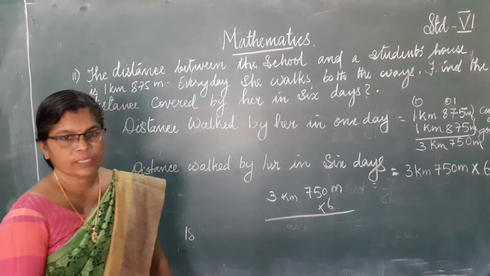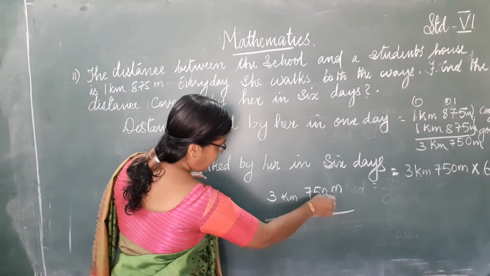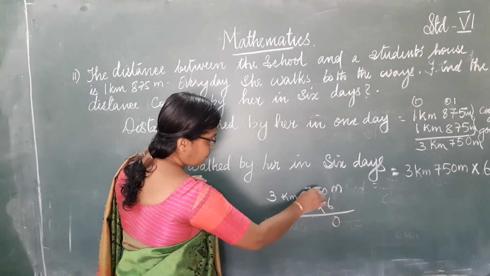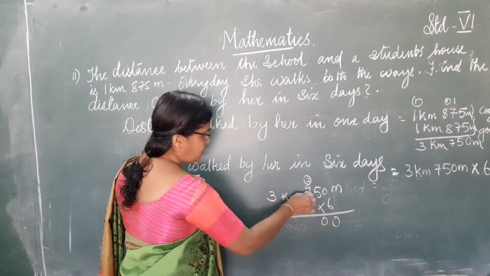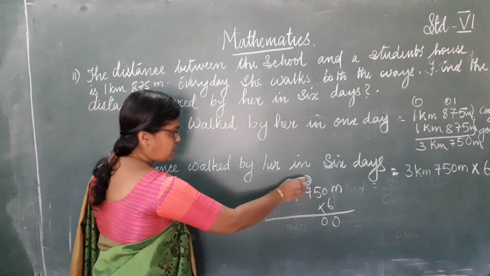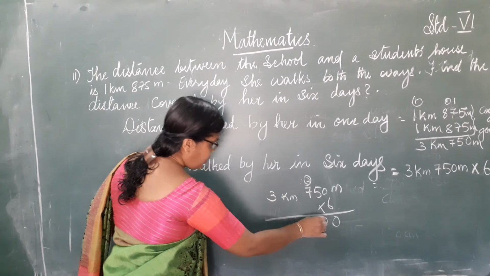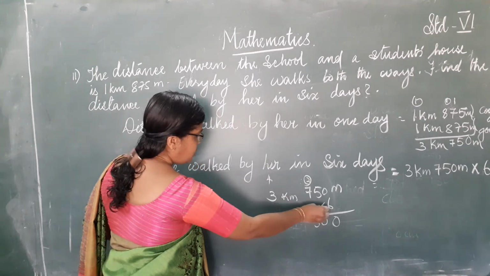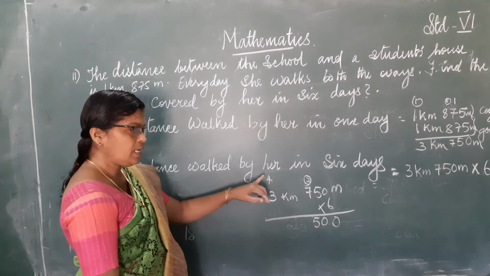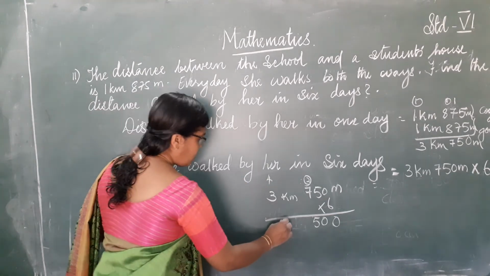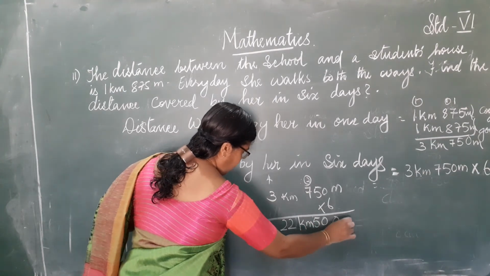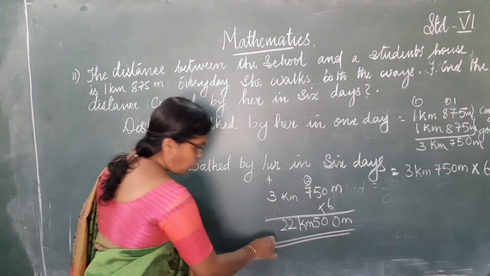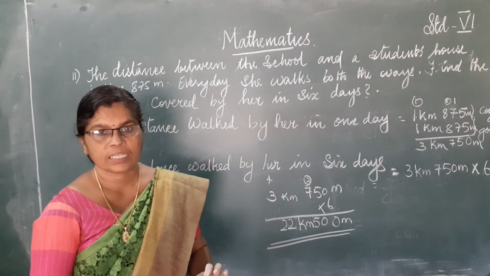Let us multiply by 6. 6 into 0, 0. 6 5s are 30, 3 remainder. Then 7 6s are 42 plus 3, 45. Then 4. 6 3s are 18 plus 4, 22. That is 22 kilometer 500 meter she walks in 6 days.